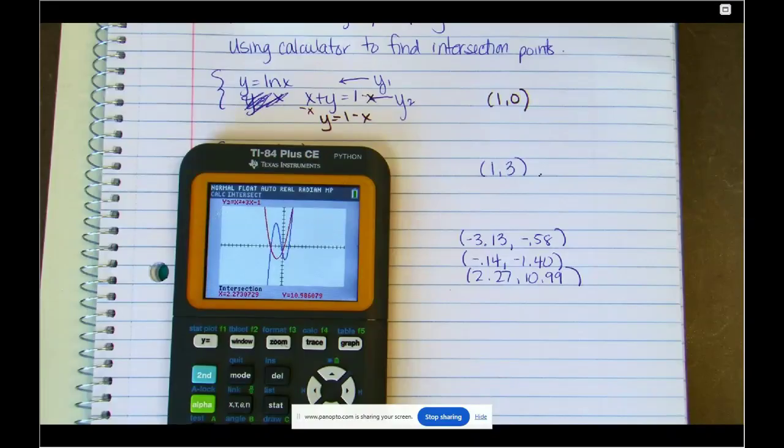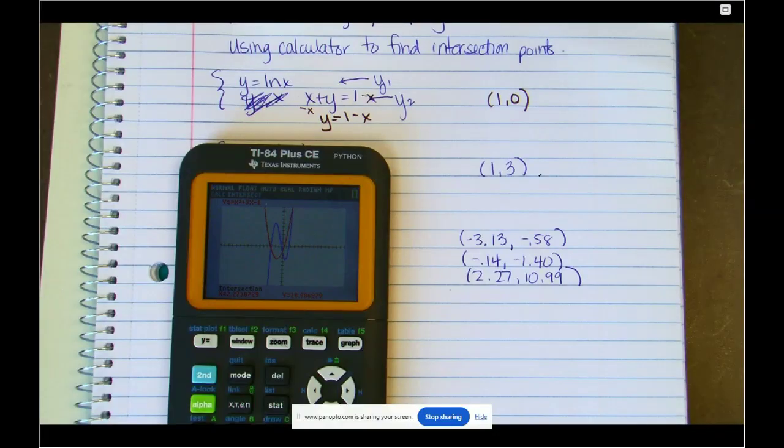Now you should do enter, until it says intersection.